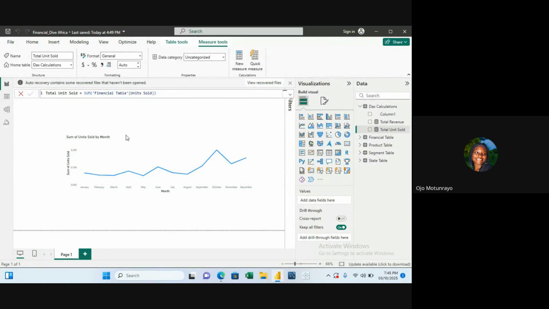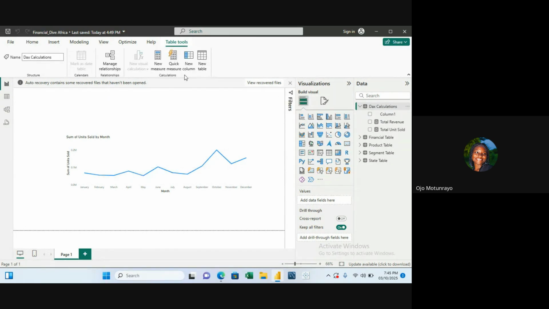The other time we created manufacturing costs. So we are going to create another new measure to know the total manufacturing cost.